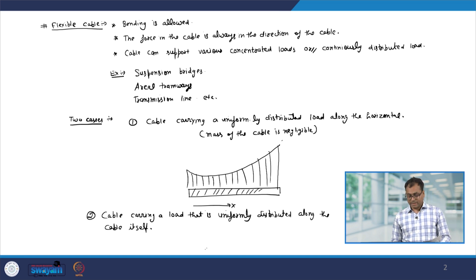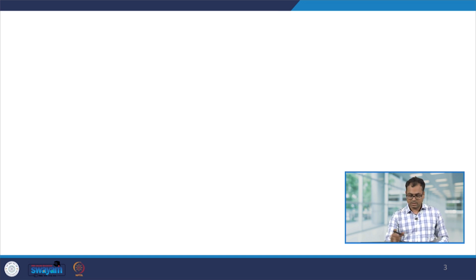Okay. So, for example, we can have a cable which is hanging under its own weight. In this case, the weight is uniformly distributed along the cable. Okay. Now, to analyze this, let us start with a general case.